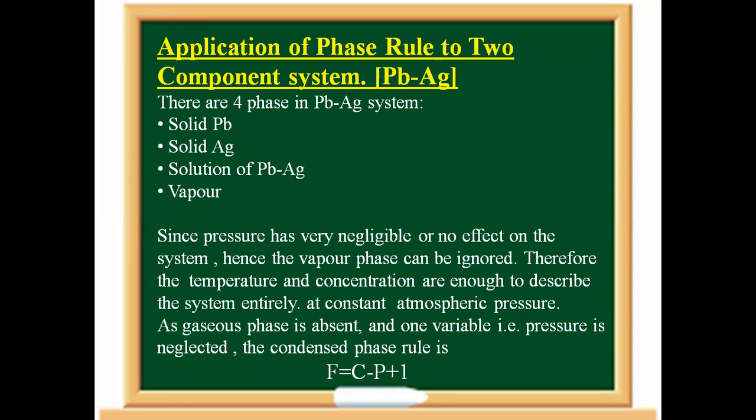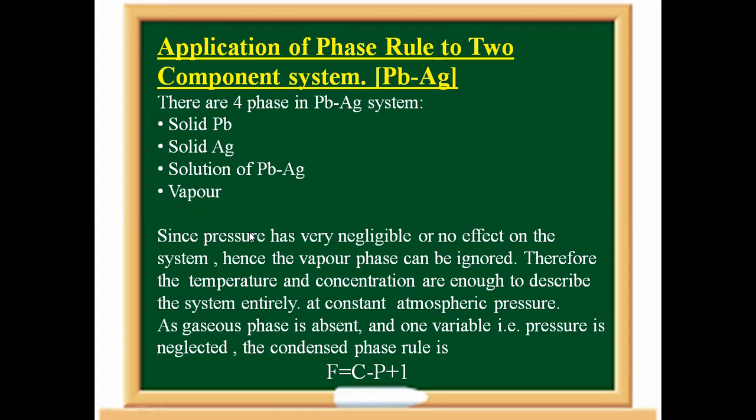ठीक है? So over here, what are the four phases still existing? थोड़ा बहुत vapor form भी हुआ, तो what are the four different phases? There is solid lead, there is solid silver, and there is a solution of lead and silver, and the last phase, which is very, very negligible, is the vapor phase. So these are the four phases existing in the lead silver system, out of which the vapor phase is very negligible.